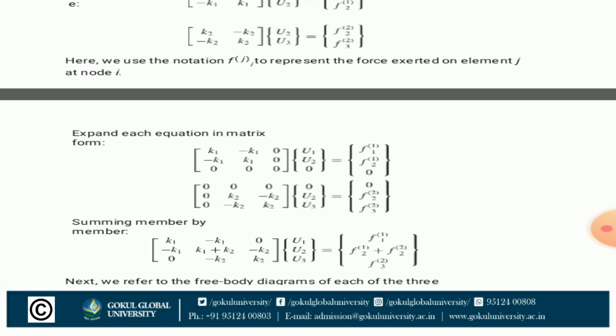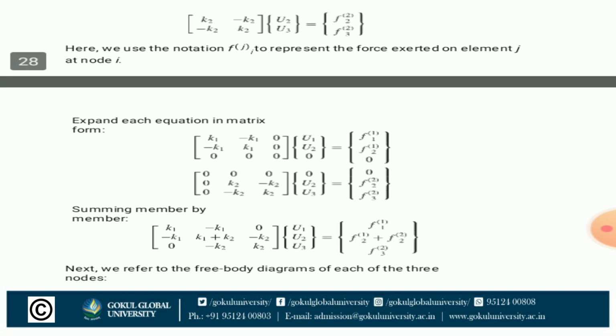Here we can summarize in a 3 by 3 matrix, element by element: K1, minus K1, 0, minus K1, K1 plus K2, and minus K2.